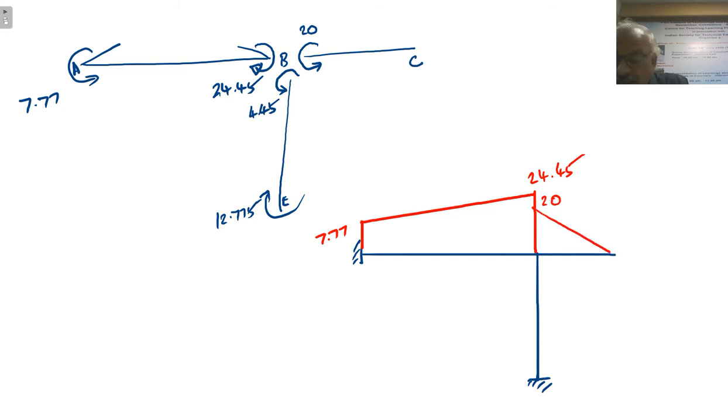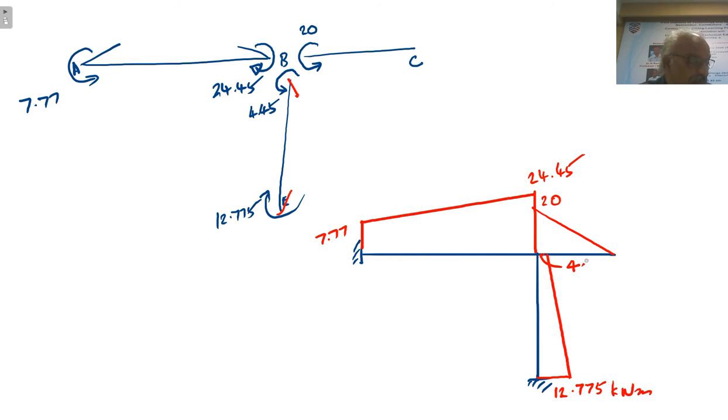So this is for the overhanging part, and for this member here tension is on the outside, and here also tension is on the outside, therefore here it is 4.45, and here it is 12.775 kilonewton meter. This value is 4.45.